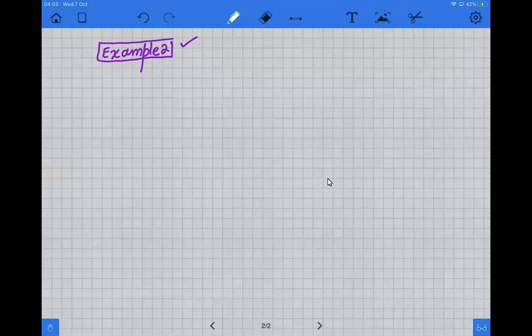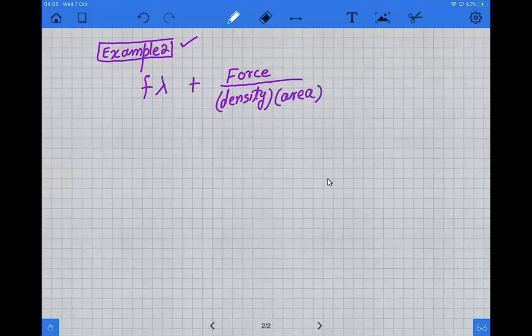For example, you have an equation f into lambda plus force over density times area under root, and this is equal to energy over mass under root.